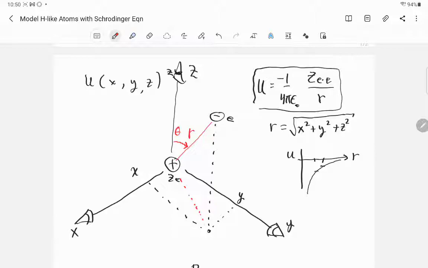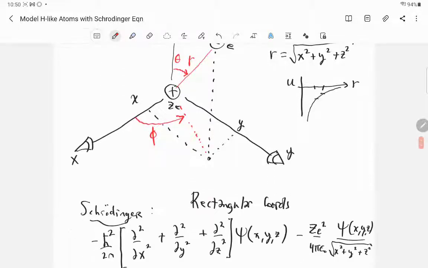In the xy plane, you imagine going from the origin to the shadow of your coordinate, and you go from the positive x-axis. So from the positive x-axis, you wind around in the xy plane to look at the shadow of your radius vector in the xy plane. So I've got theta, r, and phi in the coordinate system.